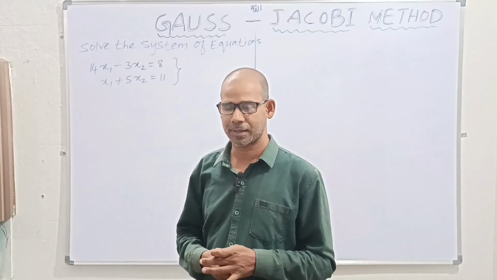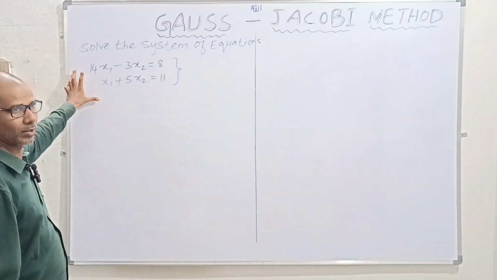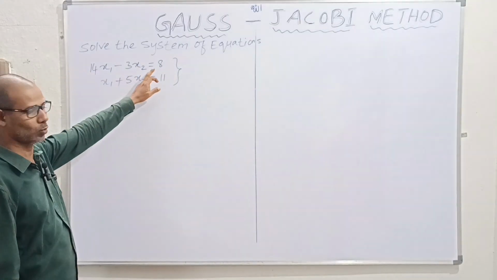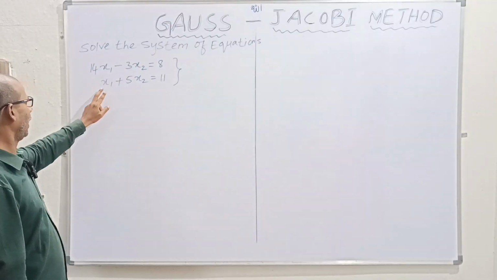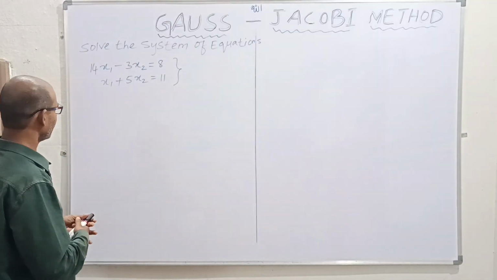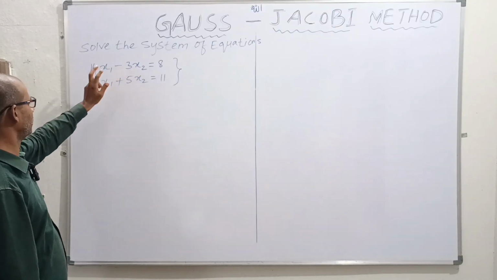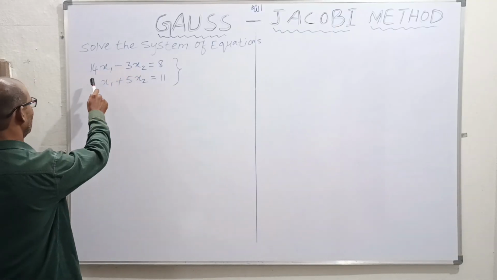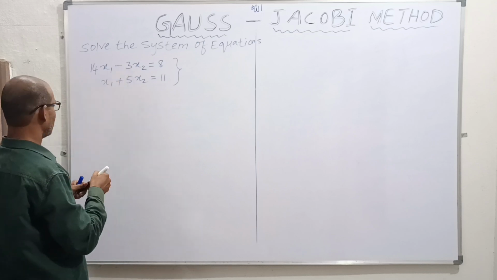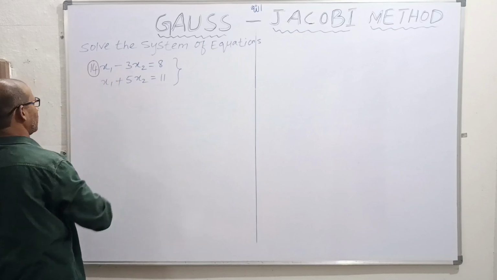What do I mean by this? For example, in this system of equations, 14x1 minus 3x2 is equal to 8 and x1 plus 5x2 is equal to 11. In the first equation the coefficients of x1 and x2 are 14 and minus 3, so 14 is the highest coefficient.